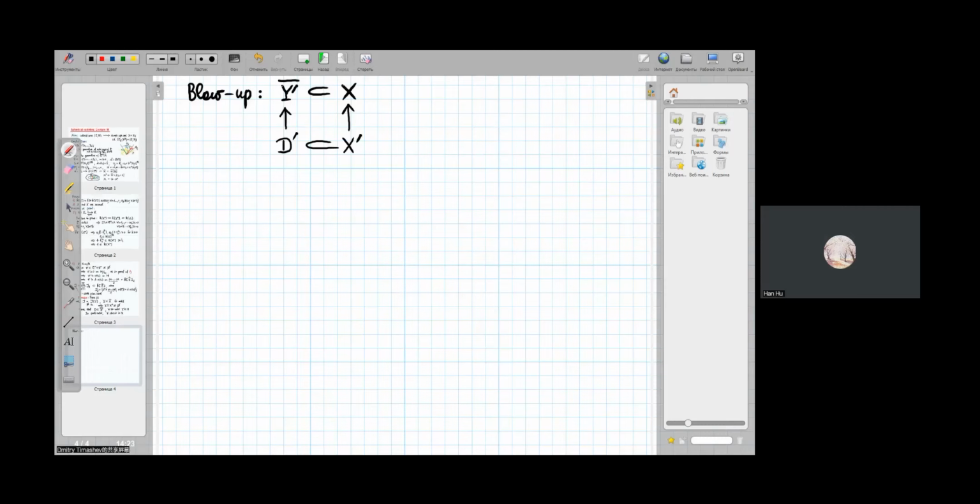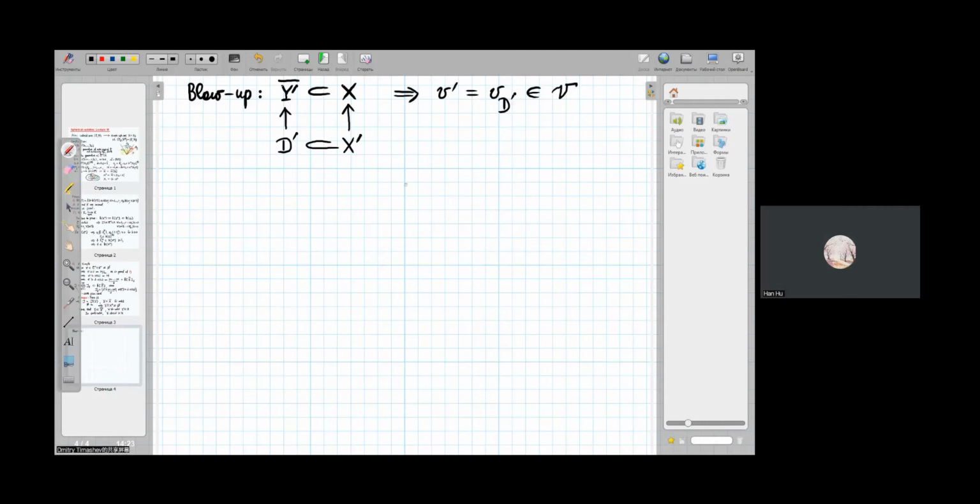Okay, so we have this picture. Then this gives us a G-invariant valuation V prime corresponding to this divisor D prime. This is a G-invariant valuation, or if you like, a vector in the valuation cone. They are identified.